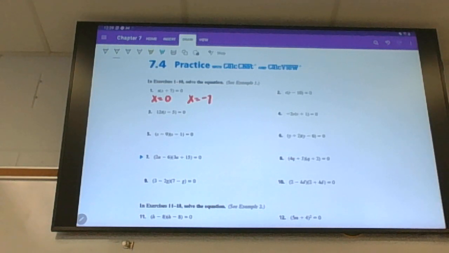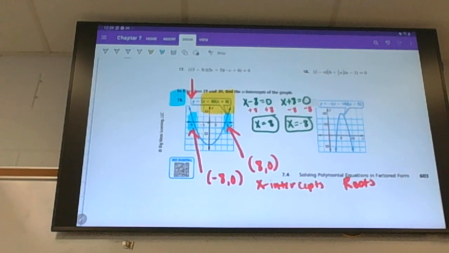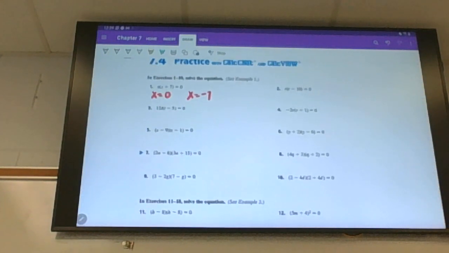Why was there negative 8, 0? Those are points on the line.